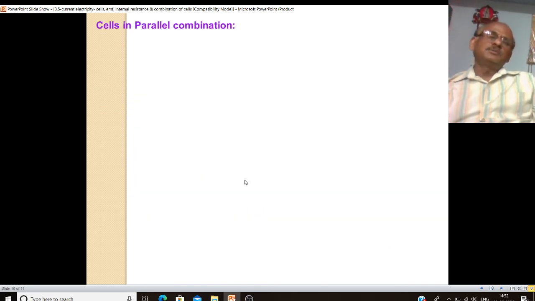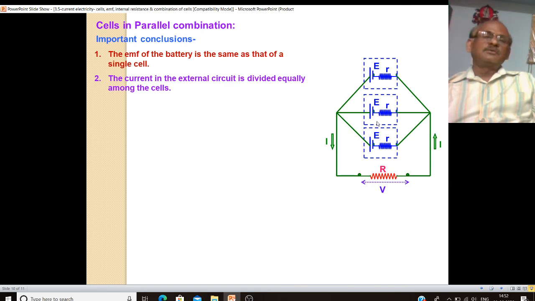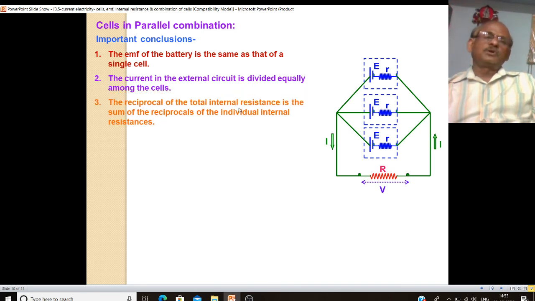Again, some more information we can draw in the parallel combination. Here we are taking the EMF to be the same. Current divides equally among the cells. Here we are taking identical cells, and the reciprocal of total internal resistance is the sum of reciprocals of individual internal resistances. 1 by R equivalent equals 1 by R1 plus 1 by R2 plus so on.